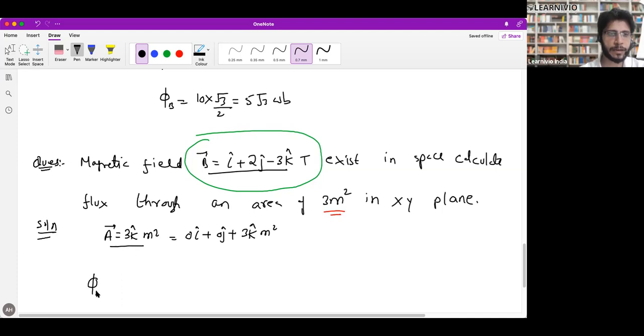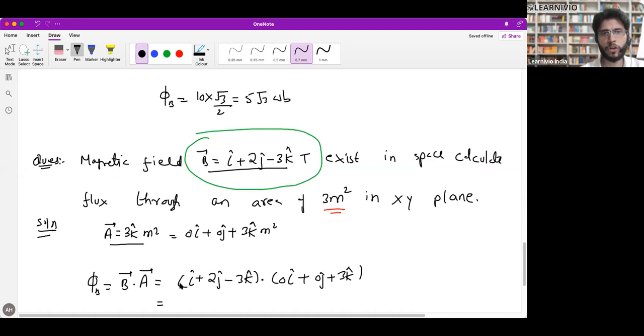Next, I need the magnetic flux. Magnetic flux is the dot product of the magnetic field and the area vector. So it's i cap plus 2j cap minus 3k cap dot 0 i cap, 0 j cap plus 3k cap.